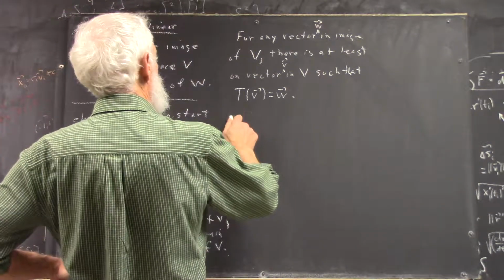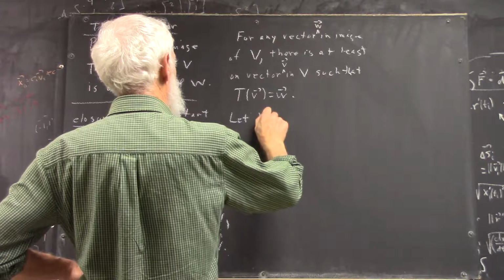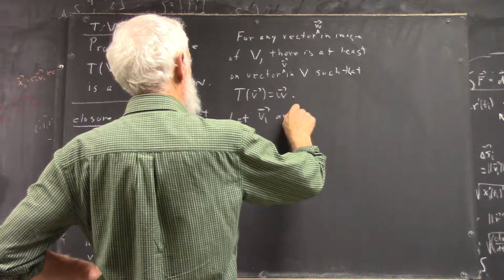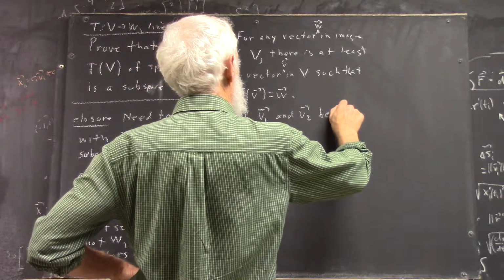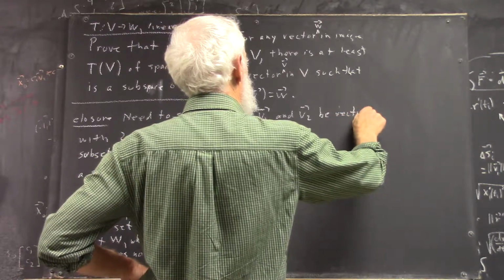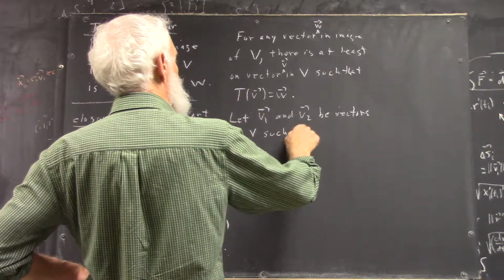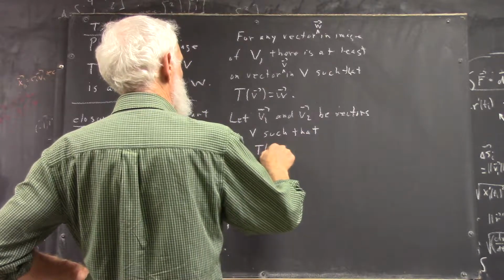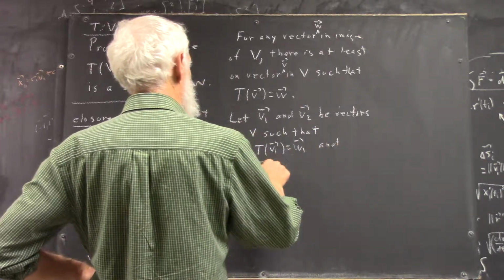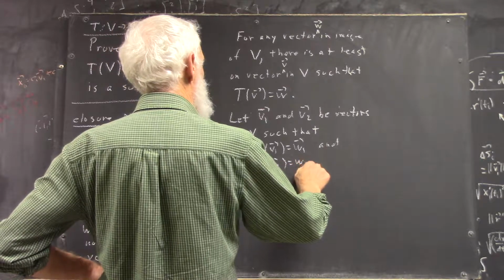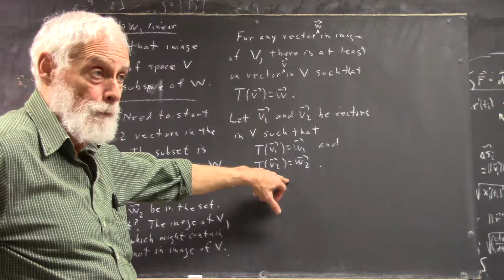So, we could let V1 and V2 be vectors in V, and T of V2 equals W2, right?